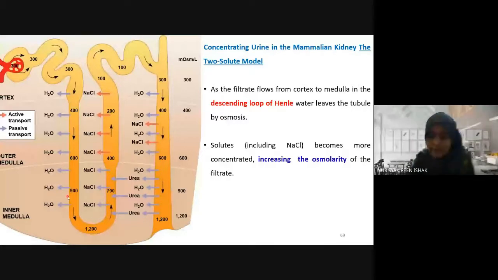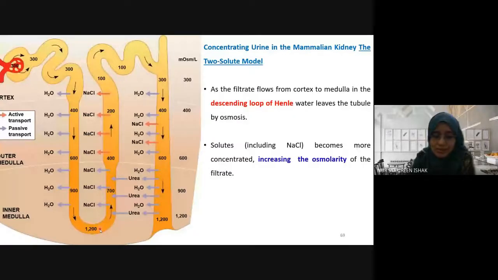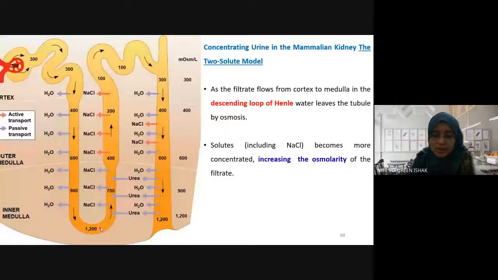Okay, so solutes including sodium chloride become more concentrated, increasing the osmolarity in the filtrate. So disebabkan air banyak keluar, filtrate jadi pekat. Disebabkan oleh apa? Dekat region ni tak ada pun sodium chloride yang keluar. So it causes the filtrate to be very concentrated, especially due to the presence of salt, which is sodium chloride.